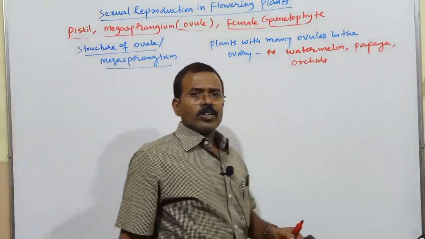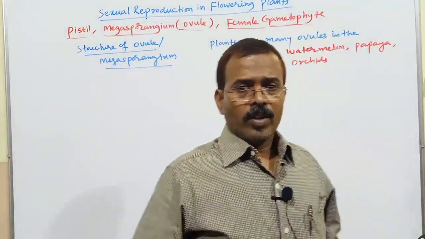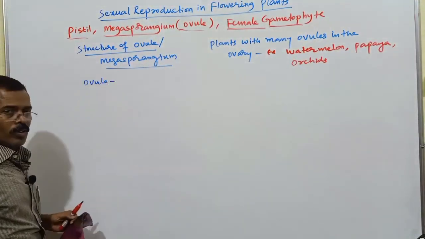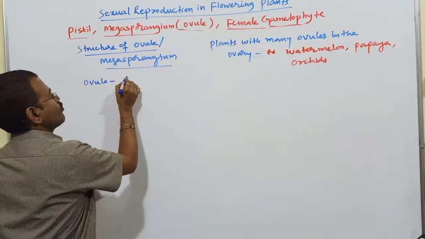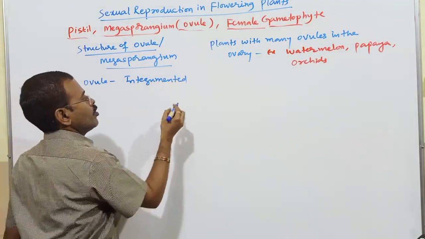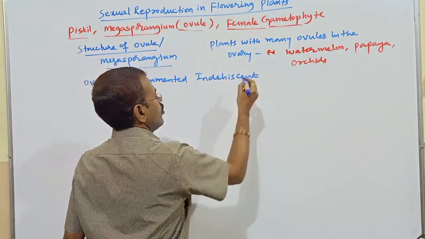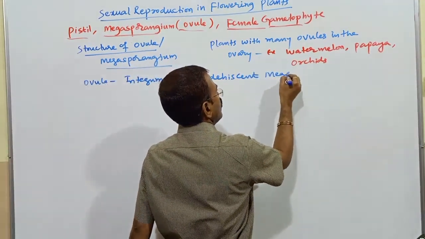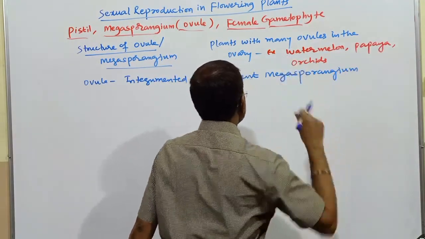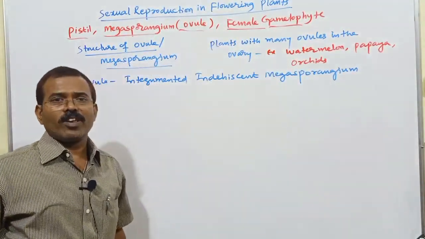So the next part now: the structure of the ovule or megasporangium. What do you mean by ovule? Ovule is an integumented, indehiscent megasporangium.